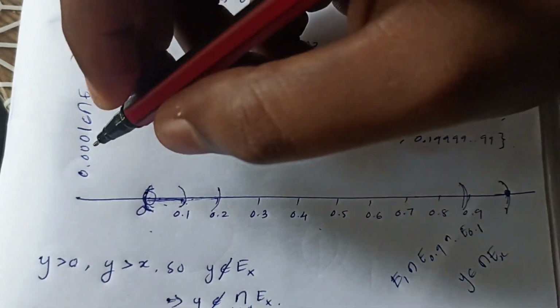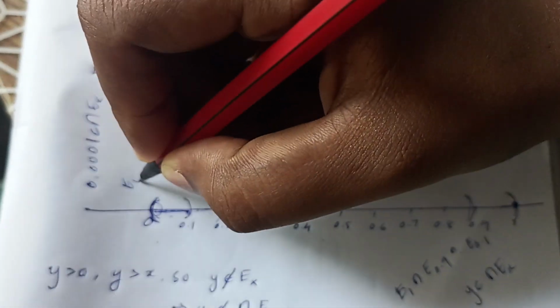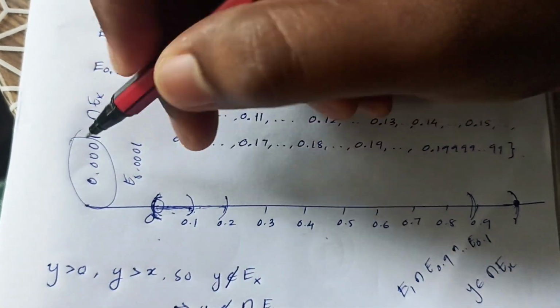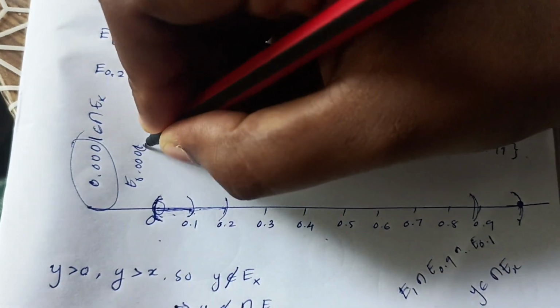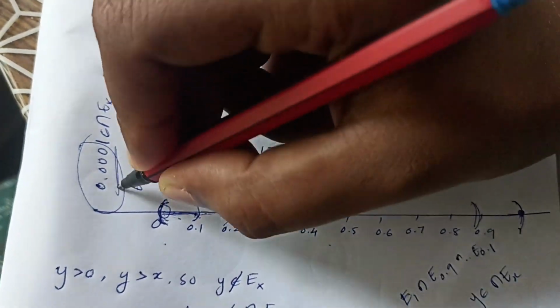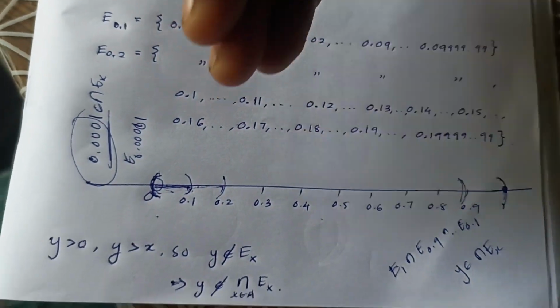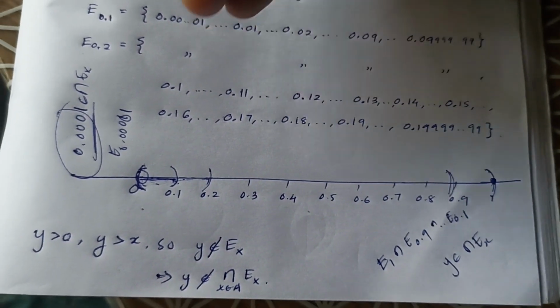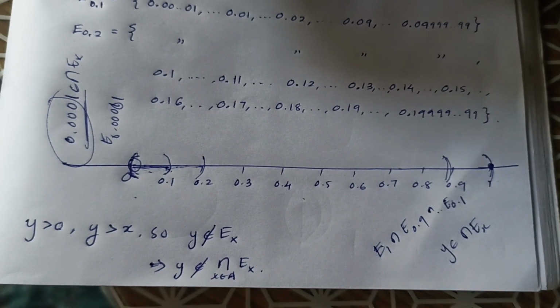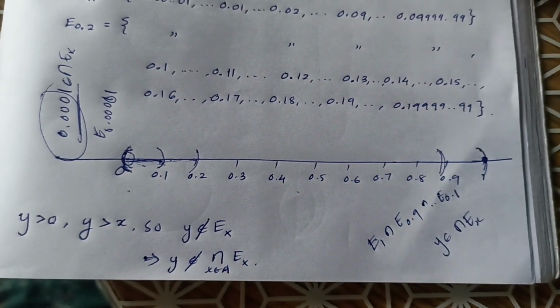We can find E of 0.0001. Does it include this one? No. What is E of 0.01? E of 0.0001? Does it include this point? No. If we take any point arbitrarily, we can find an E element which does not include that point.